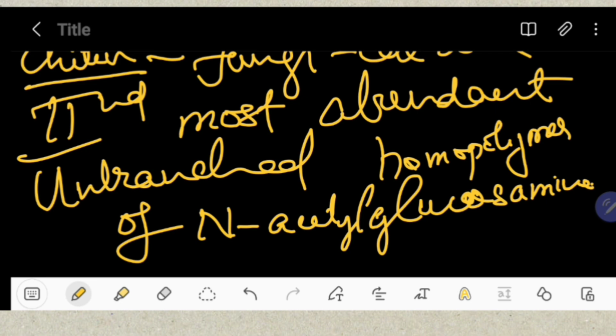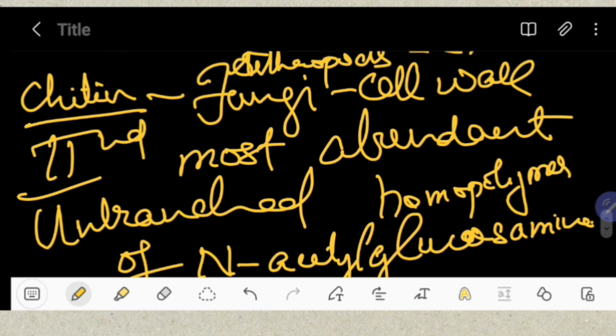In a mock test, an assertion and a reason were given about the cell wall of fungus being made of N-acetyl glucosamine. The assertion was correct and the reason was wrong, but the answer was both are correct, though not the correct explanation. The reason everyone made a mistake is that everyone thinks the fungus cell wall is made up of chitin.